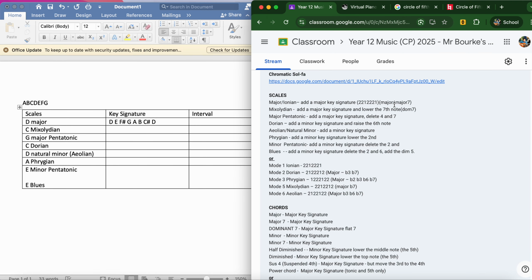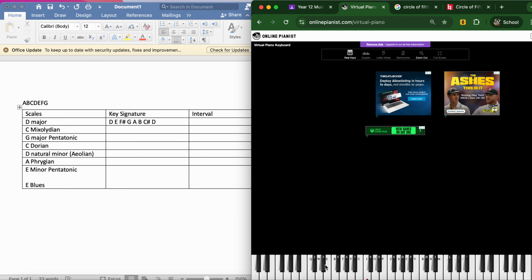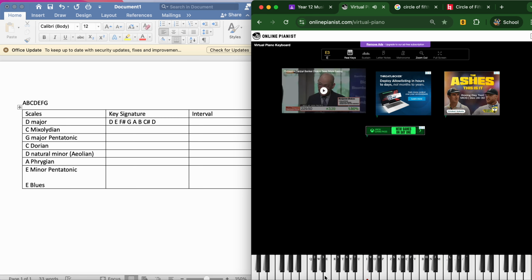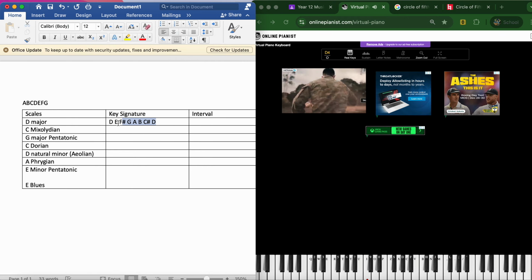The other way to do it would be to follow that pattern, 2, 2, 1, 2, 2, 2, 1. We go up from D, go up 2, up 2 more, up 1, up 2, up 2, up 2, and up 1. And we have the same answer, obviously, because that's the right answer.